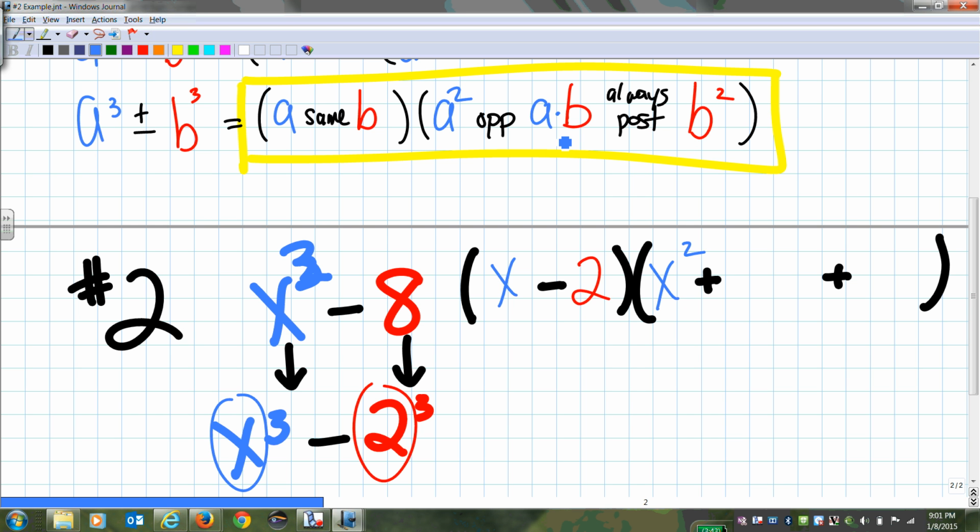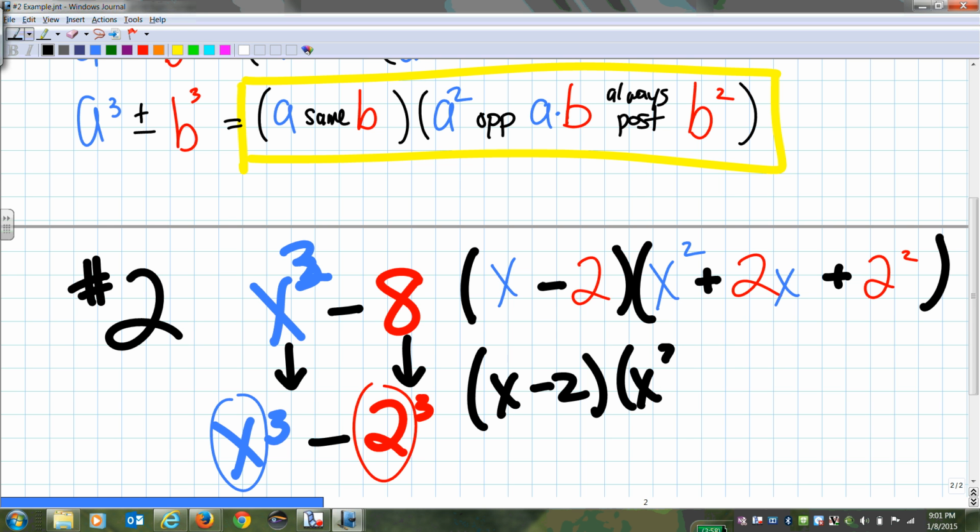And then we do a times b, so that's going to be plus 2x, plus b squared, which in this case is 2 squared. You just clean it up a little, and your final answer is x minus 2, x squared plus 2x plus 4. And that is your final answer.